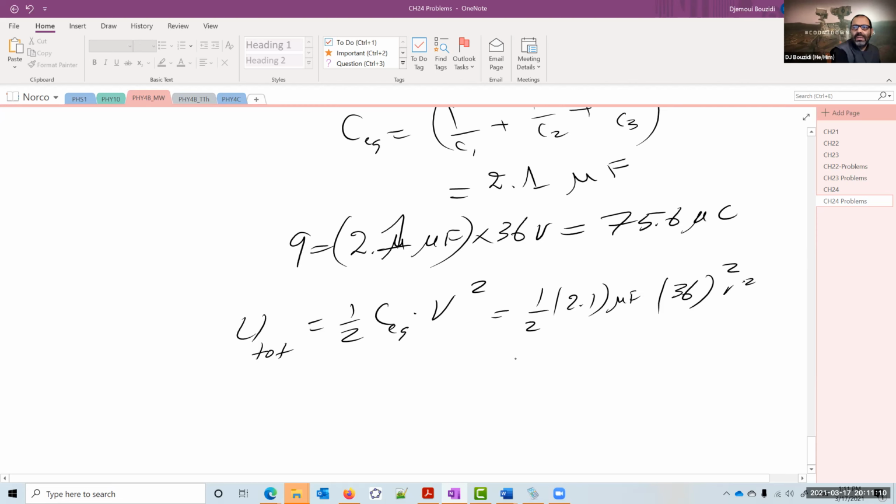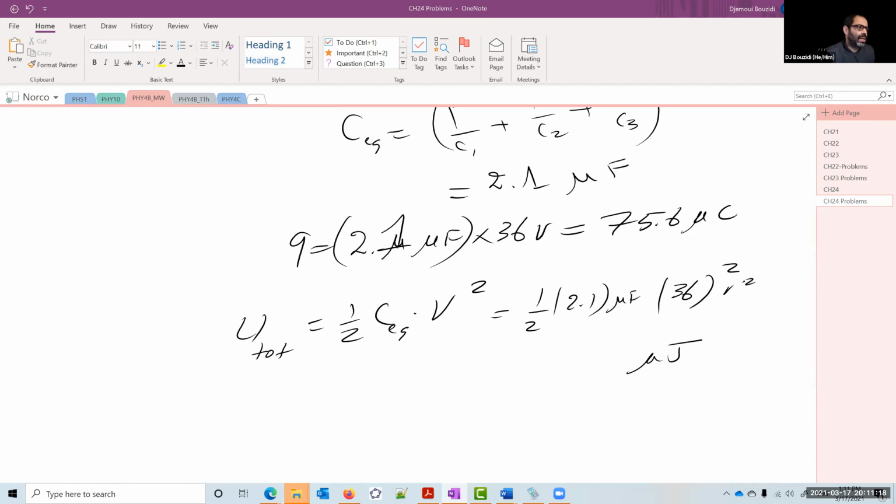So the answer is going to be farads times volt squared, which is joules, but don't forget the micro. So this is a microjoule. So all I have to do is take 2.1 times 36 squared and divide that by 2.